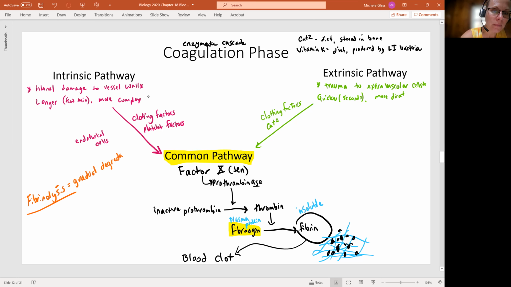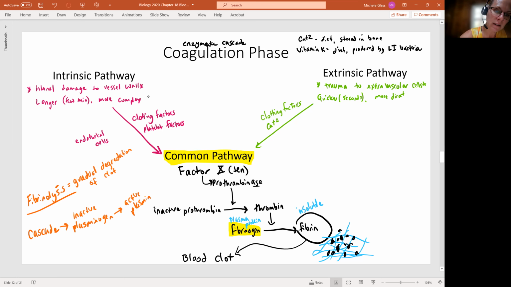degradation of the clot. And it's also a set of steps. It's also a cascade. So here I'm just going to say it's a cascade. We're not going into all the details. Ultimately, you get an inactive plasminogen converting to an active plasmin.